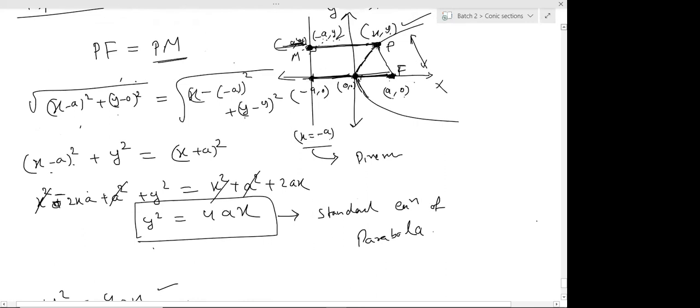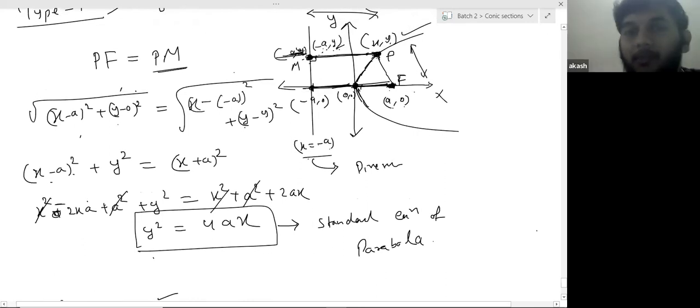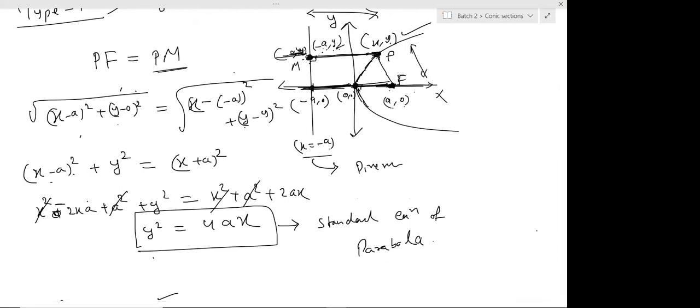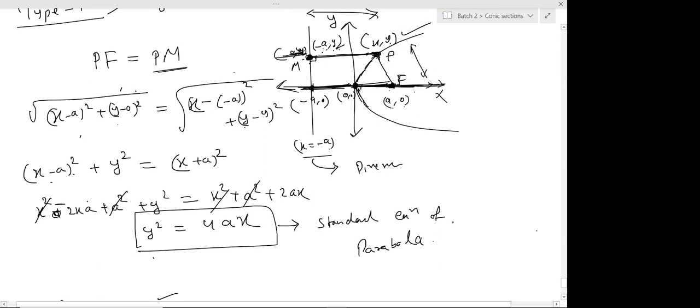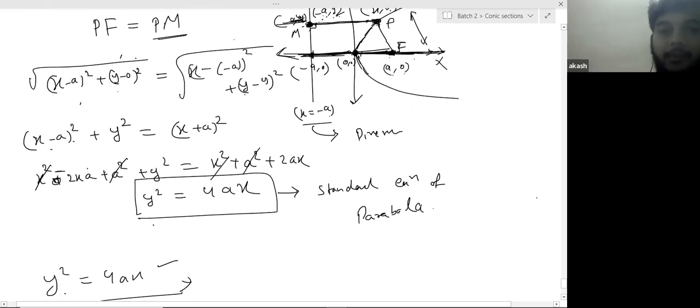Axis of a parabola is the line which is perpendicular to directrix and passes through focus. That is called axis of the parabola. So here the line of axis equation is y equals 0 because this is the x-axis, right? So y equals 0.